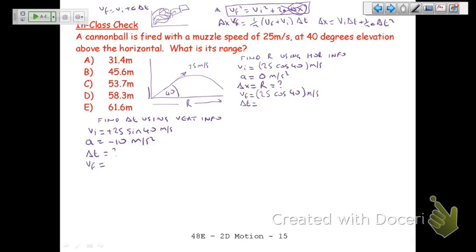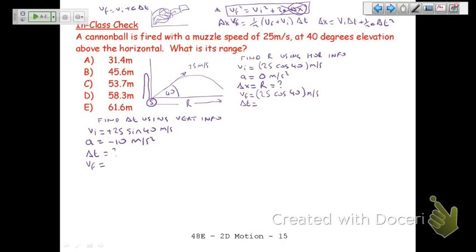The shadow goes up and comes down. I could start my journey here and end it at the top, because I know the velocity at the top is 0. But I have to remember that this is only half my journey, and it's a symmetrical journey. So I've got to double that time, because I want the time for the entire journey.